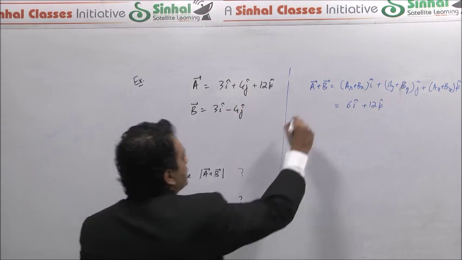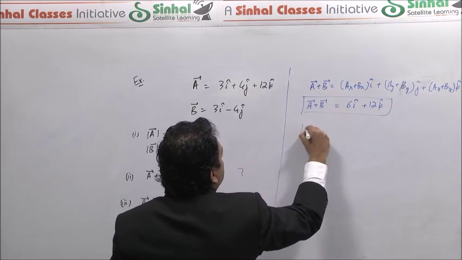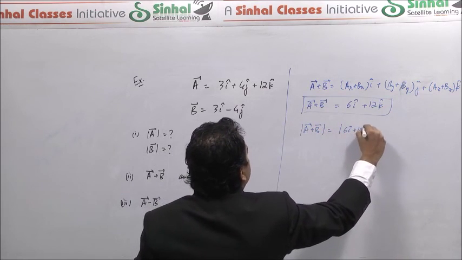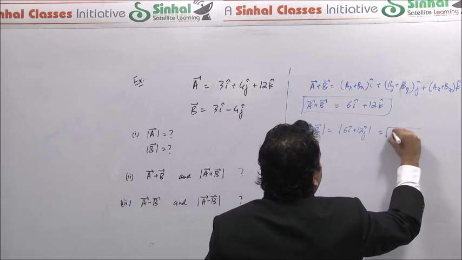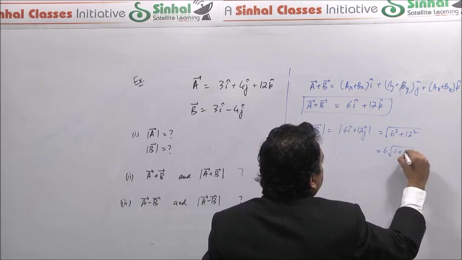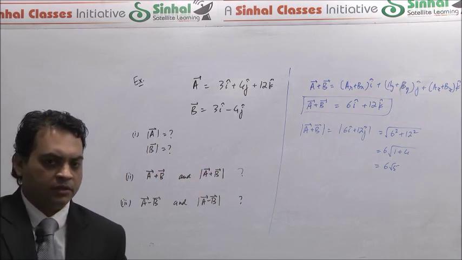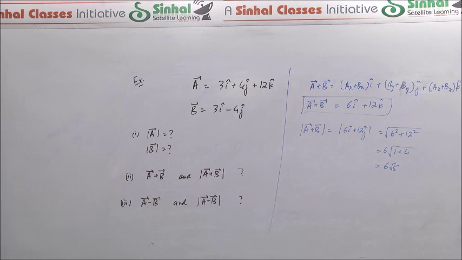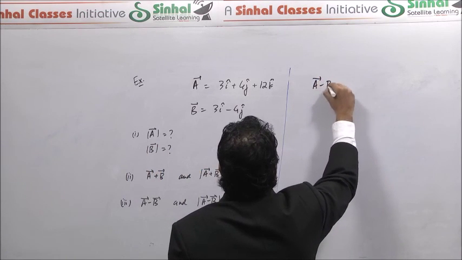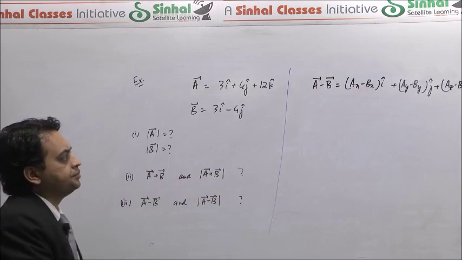So that is the vector A plus B itself, and the magnitude of A plus B will be the mod of 6i cap plus 12k cap. So we can write that as 6 root 5 will be the mod of A plus B. Right, so that would be this.